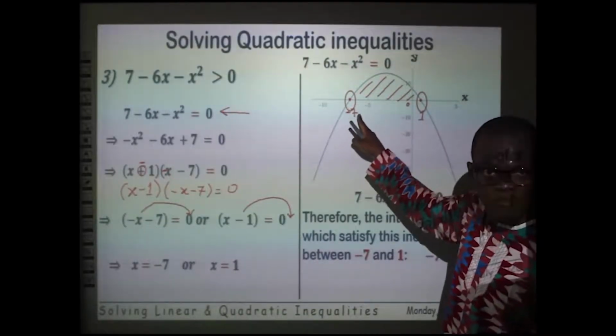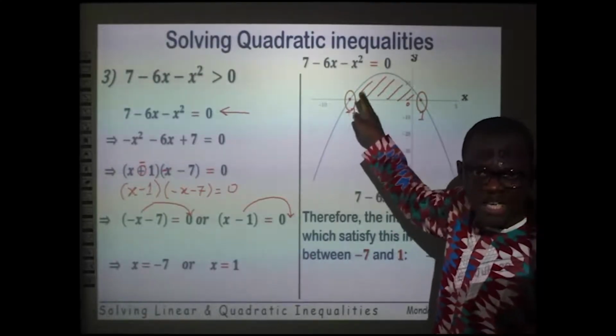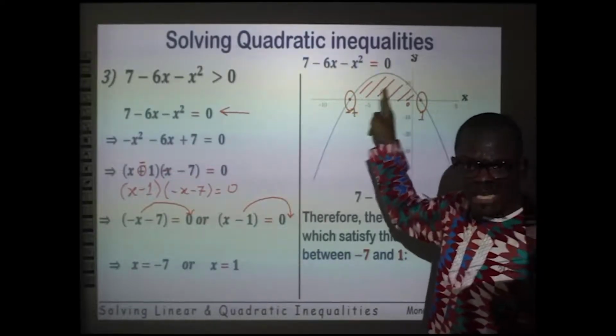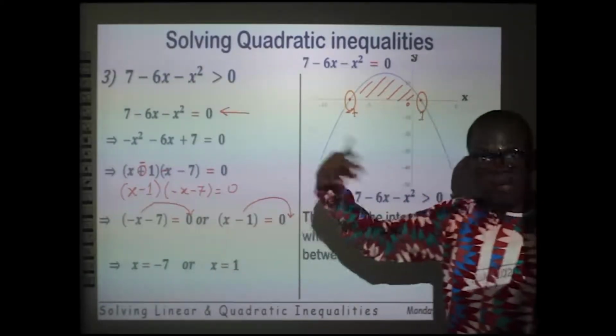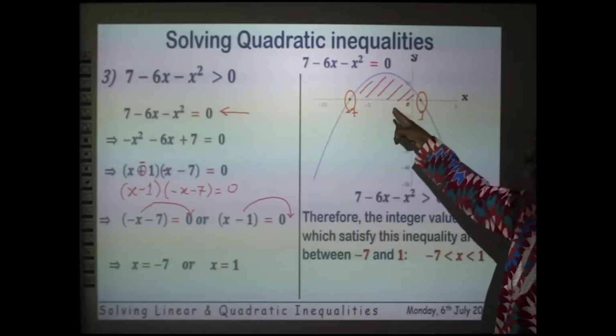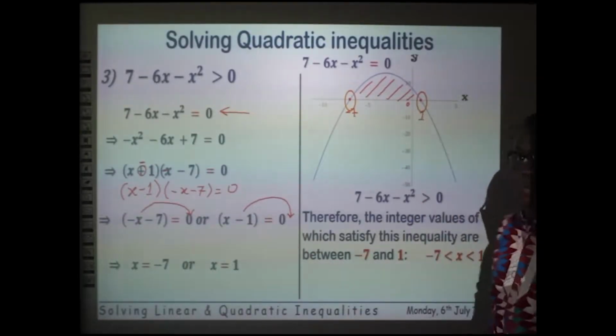Okay, so after -7, if you're going towards 1, let's see the integers you have. The next one after -7 will be what? -6, -5, -4, -3, -2, -1, 0, and that's it. You don't include the 1.